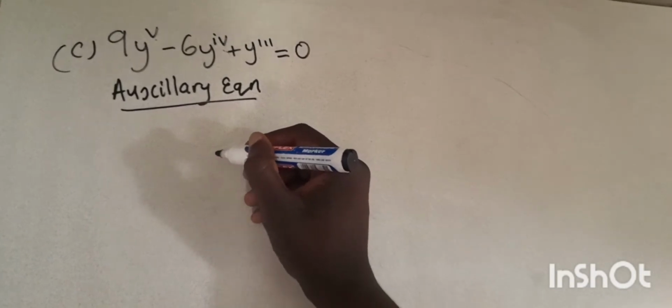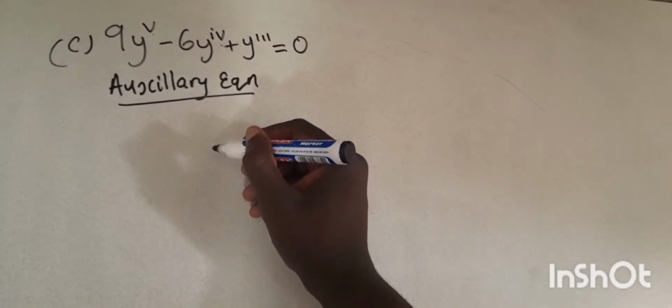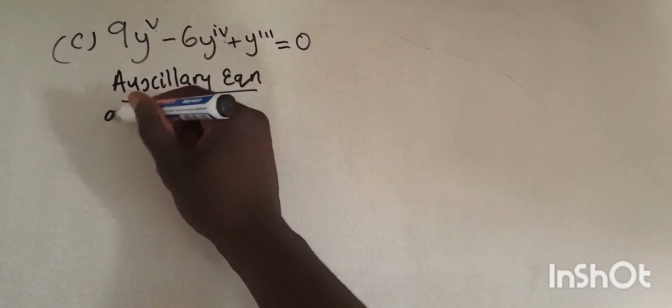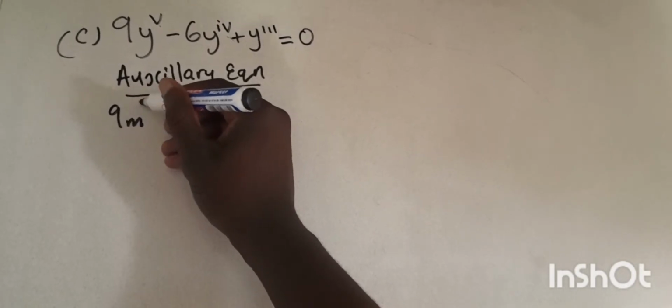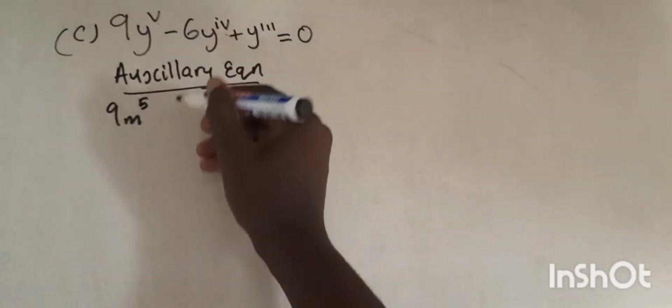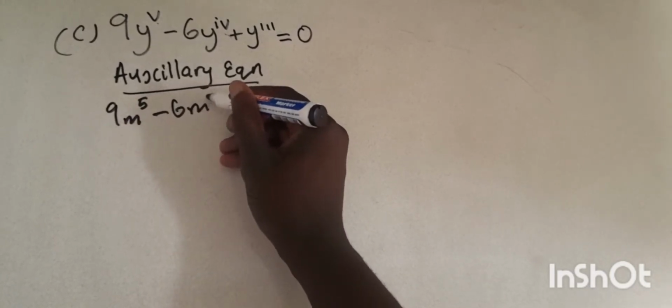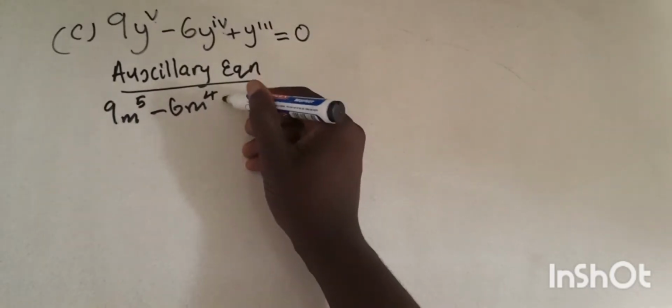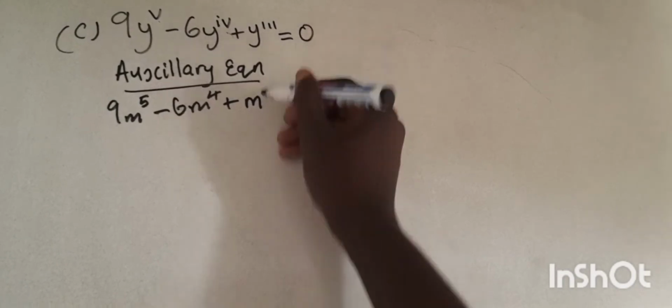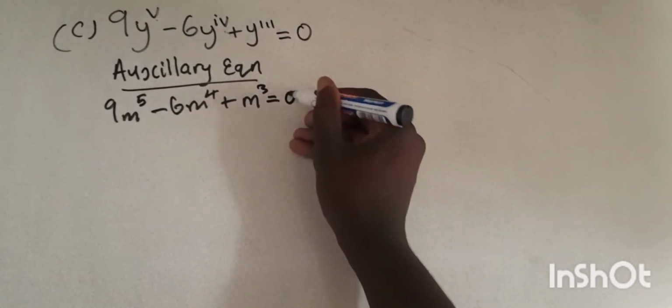It is the method of replacing the derivatives with m. This is 9m to the power 5 because it's the fifth order, minus 6m to the power 4 because it's the fourth order, plus m to the power 3 because it's the third order, equals 0.